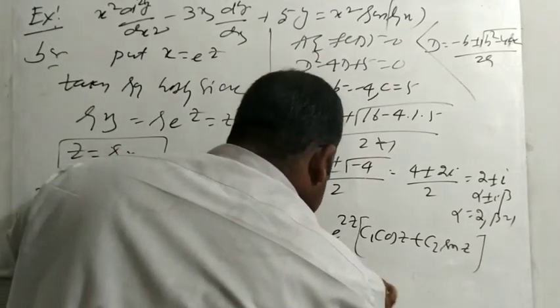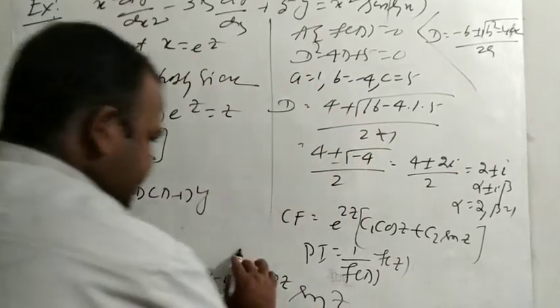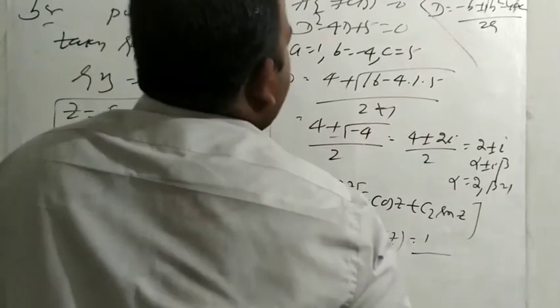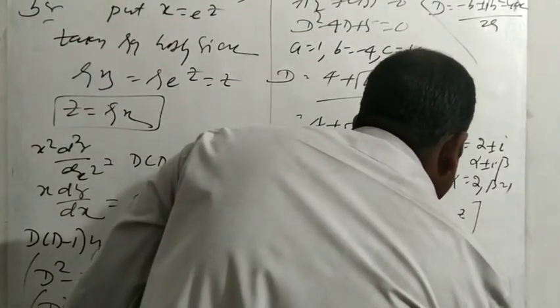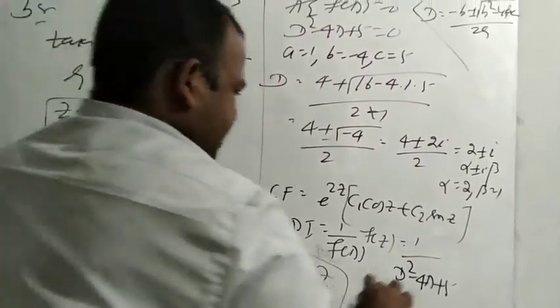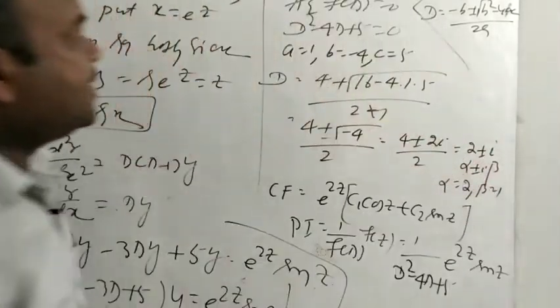So PI equals 1 upon f of d into f of z. So this is 1 upon f of d, so d square minus 4d plus 5 into f of z, e raised to 2z into sin z.